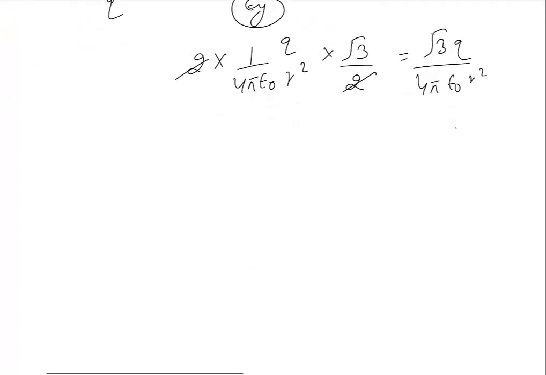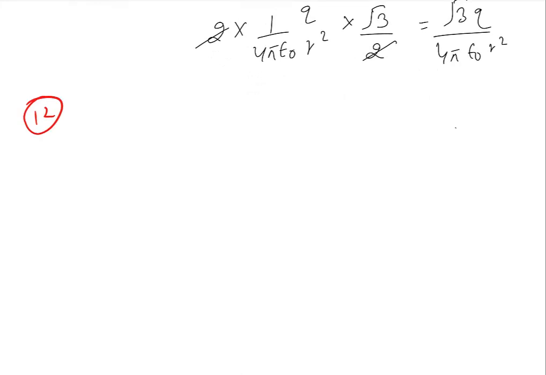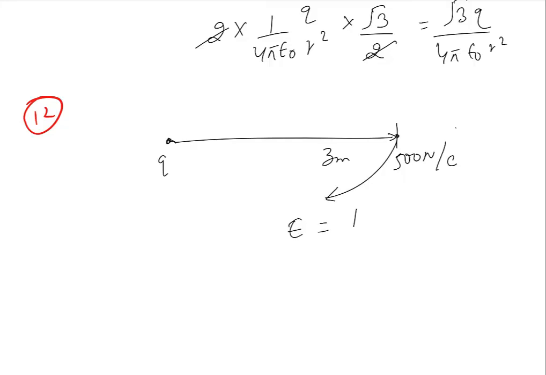Let's move on to question number 12. It says electric field due to a charge at a distance 3 meter from it. So here is a charge and electric field at a distance 3 meters from it is 500 newtons per coulomb. The magnitude of charges, alright, so what should be the electric field at this point? It should be 1 over 4 pi epsilon naught into Q over R square.